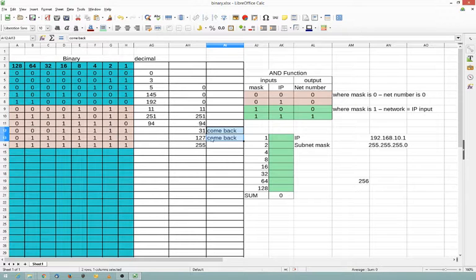There's another way of working these out. They're all ones and then all zeros. And this one, all ones and all zeros. What that actually means is that that value there is actually going to be one less than the next bit along. So let's put this in slightly differently.